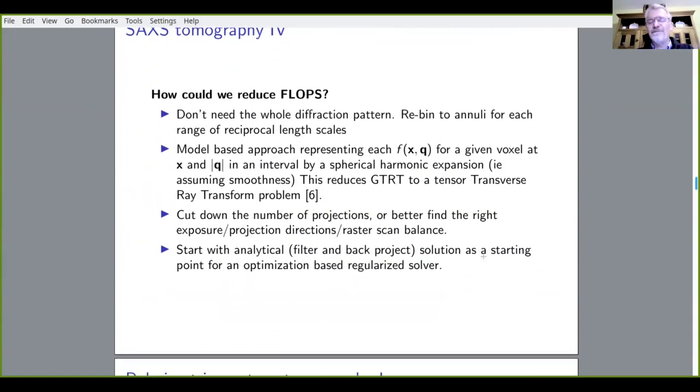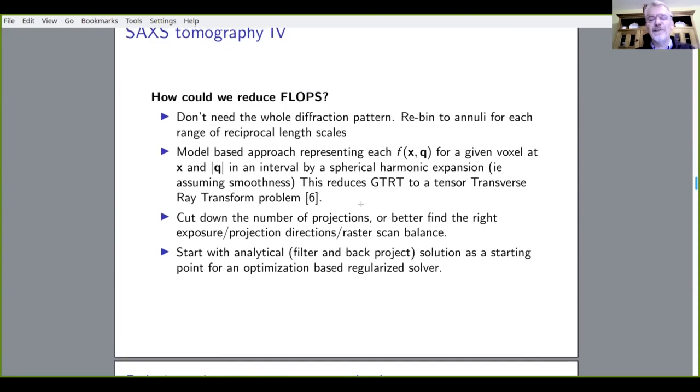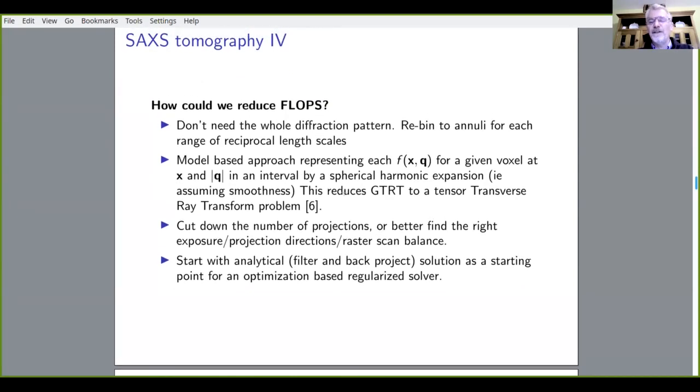So we've got some clever things to do to reduce the operation counts. We don't need to do the whole diffraction pattern. In fact, you can re-bin it into annuli or some combination of the pixels. You can use a model-based approach instead of having a completely general functional sphere, which is a little bit over the top.